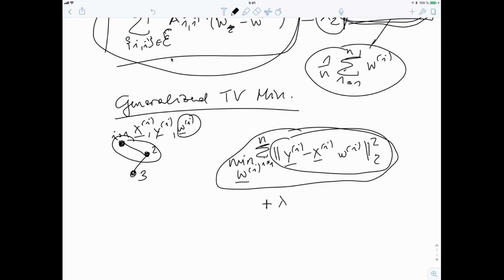So we penalize the total variation. And that's it. So that's our federated learning design principle for the rest of this course.